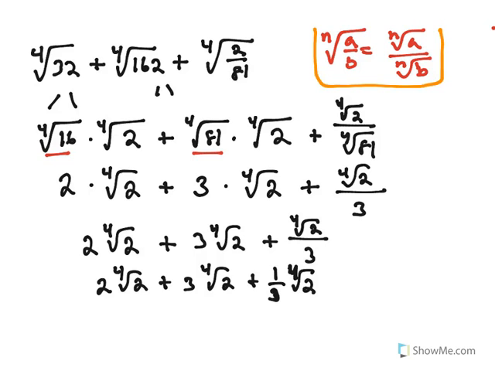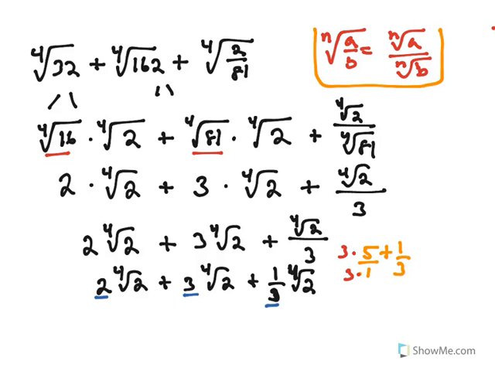Alright? And now we can add all the coefficients. We can add all the coefficients of 2, 3, and 1/3. So when we do that, okay, 2 plus 3 is 5 plus 1/3. So then we're going to have to write that as over 1 and find the common denominator. Okay? So when we do that, we're going to multiply this side by 3 because the LCD is going to be 3.